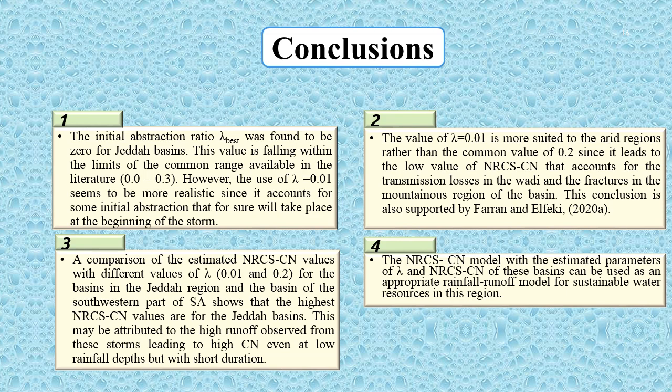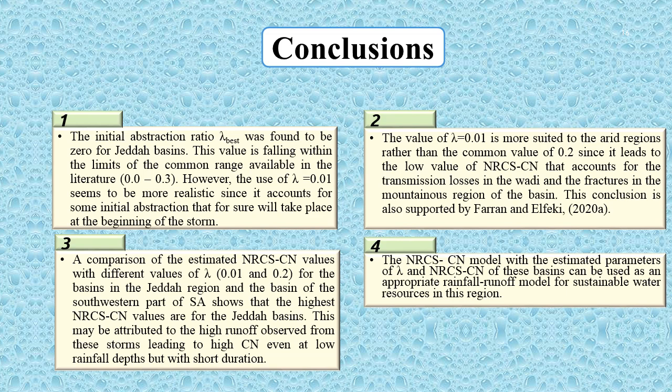The second conclusion is that the value of lambda 0.01 is more suited to these arid regions rather than the common value 0.2. We also found this for the southwestern part, where the influence was quite strong, since it leads to a low value of Cn that accounts for the transmission losses in the wadi.